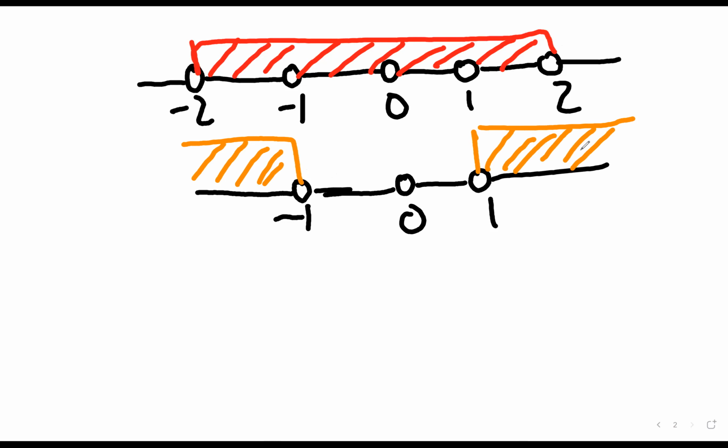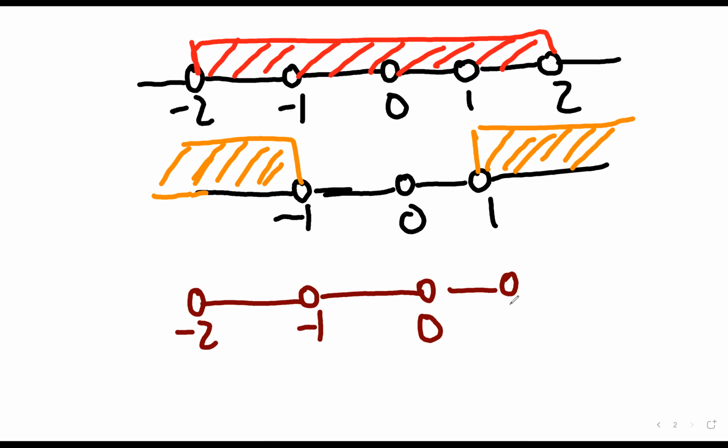Taking the intersection between these two means I have a region where there are two shaded areas, the red one and the orange one. If we take the intersection, then we have the intersection on this side.